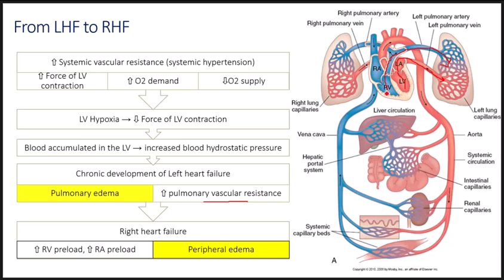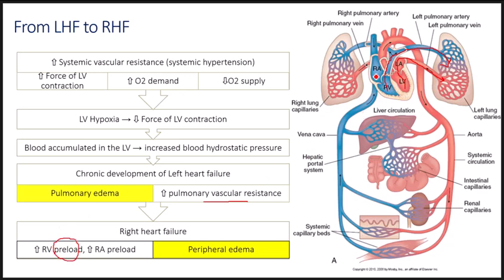And so what does the right heart say? Well, in order to get past this resistance and get to where I need this blood to go, I'm going to have to work harder. And so the right side of the heart now has to contract harder to achieve the same thing. But it's having a difficult time. It can't get past this. So the blood starts backing up into the right ventricle because it can't move in a forward direction. And so we get this increase in preload within that right ventricle.